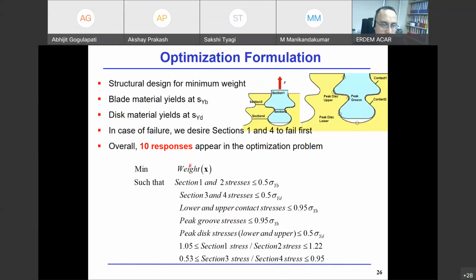Minimum weight was our objective function, and the yield stress of the blade material and the disc material was different. So we use sigma YB and sigma YD to denote the blade and disc material yield stress values. And in case of failure, we desire section 1 and 4 to fail first. Overall, there are 10 responses in our optimization problem, as we can see from here.